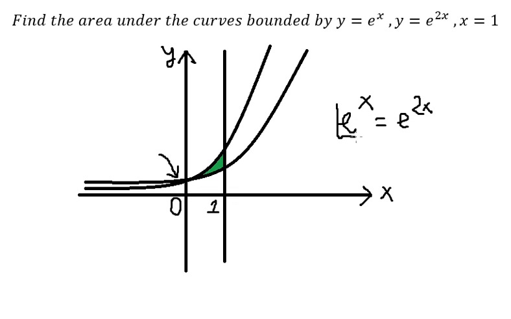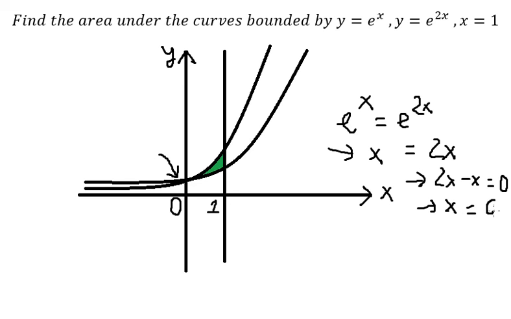Because we have the same base e and e, s equals 2s. So we put s to the right, and we get s equals number 0.